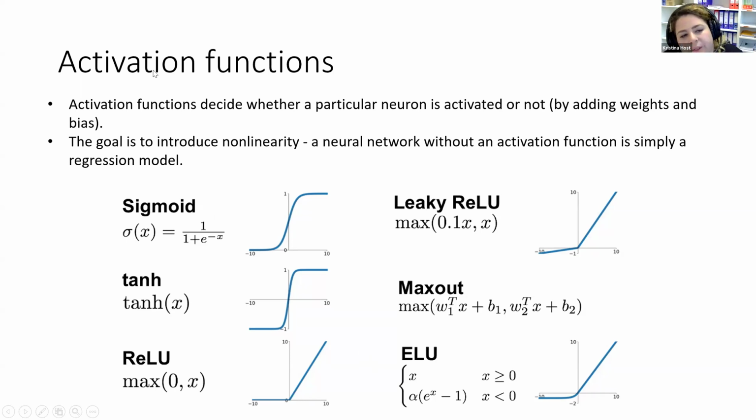The goal of using an activation function is to introduce some nonlinearity, because if you don't have an activation function, you have just a regression model. So this is one idea. We have these filters that go through images. They have to be activated if they found some feature that is of interest to us. And then we will have our output.